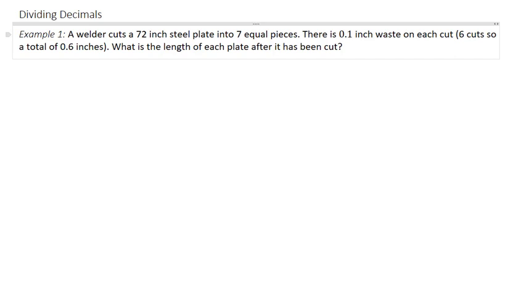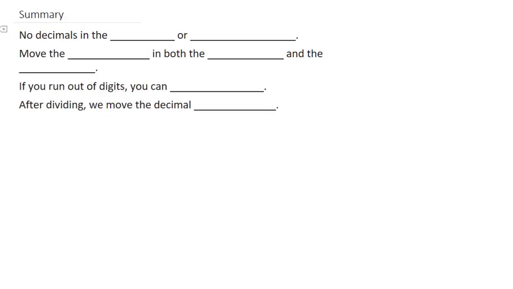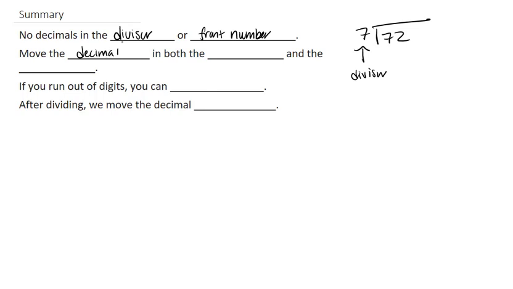So we can visually think about this, but before we do that, let's go over a few things on decimals. We do not want any decimals in the divisor, which is also the front number. This would be our divisor here. Then we move the decimal in both the divisor and the dividend.